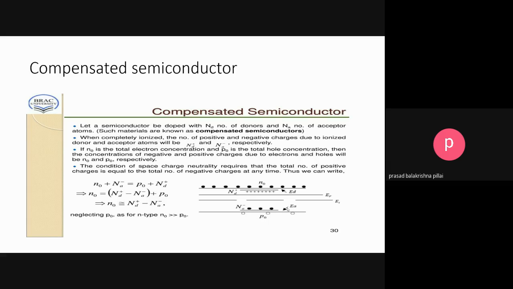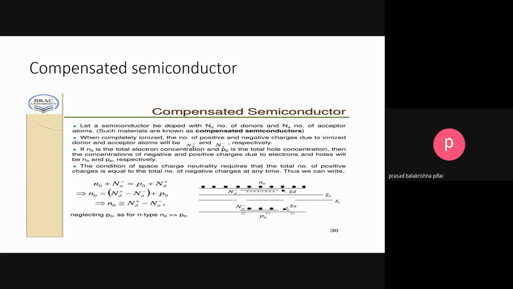It is actually supposed to be intrinsic, but very often it is a compensated semiconductor. It won't be a pure intrinsic material. Very often you have a compensated semiconductor where the electron and hole concentrations are equal, so that it resembles the intrinsic. Very often pin diodes are made like that. It's not a pure undoped semiconductor.